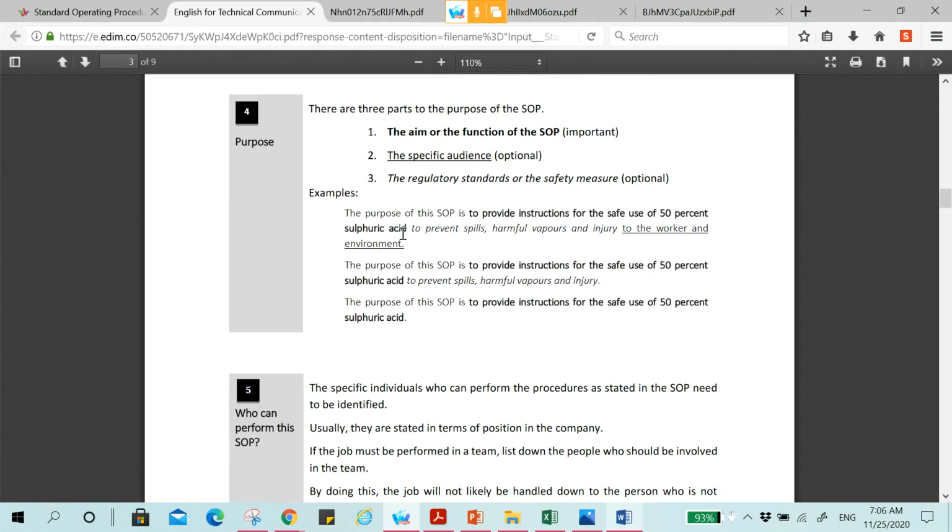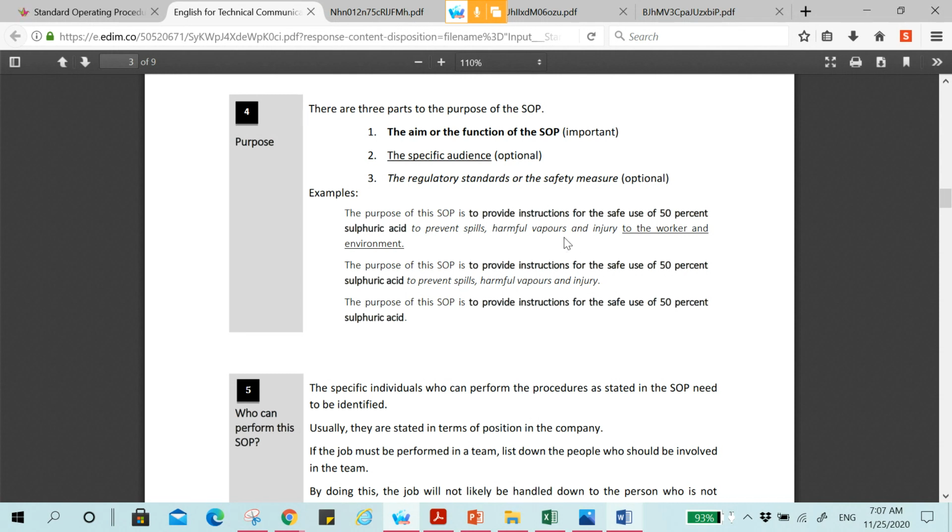If you don't want to write it this way, you can also write it this way, in which you combine the aim or the function of the SOP with the regulatory standards or the safety measure only. So meaning to say, without the specific audience here. So for example, the purpose of this SOP is to provide instructions for the safe use of 50% sulfuric acid to prevent spills, harmful vapors, and injury. Okay?